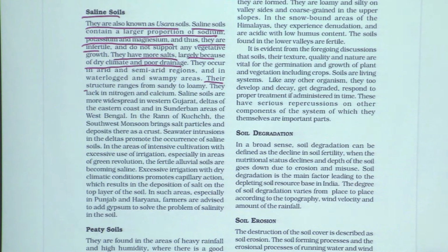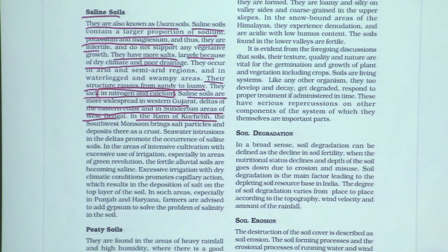Their structure ranges from sandy to loam. They lack nitrogen and calcium. Saline soils are more widespread in western Gujarat, the delta of the east coast, Sundarbans in West Bengal, and the Rann of Kutch. Southwest monsoon brings salt particles which are deposited there as crust. Sea water intrusion in the delta promotes the occurrence of saline soil as well.